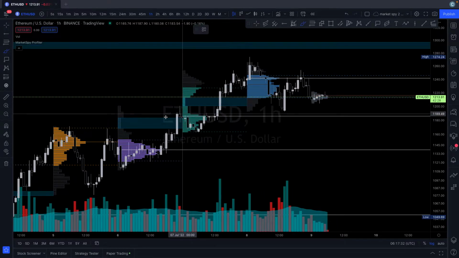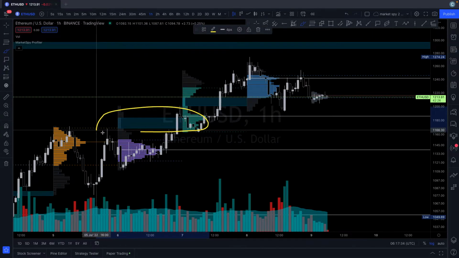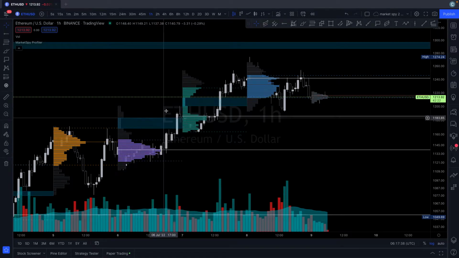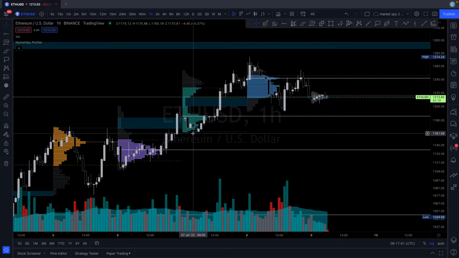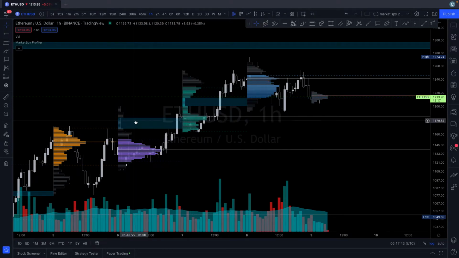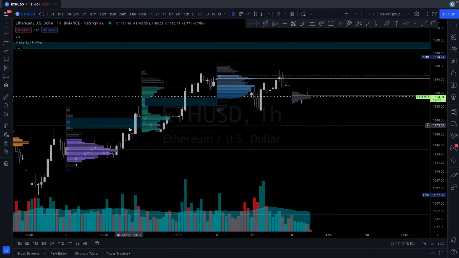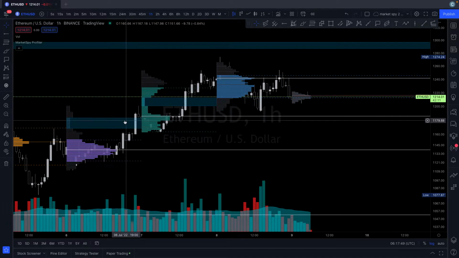And the indicator prints these blue boxes when there is too fast of price action, when the auction is one-sided. So as you can see in this candle here, there were no sellers. Nobody was able to transact at this level.